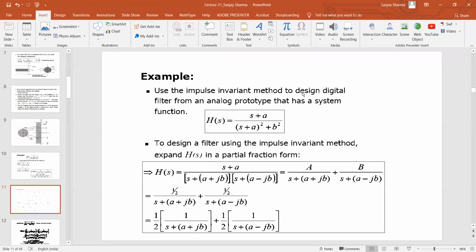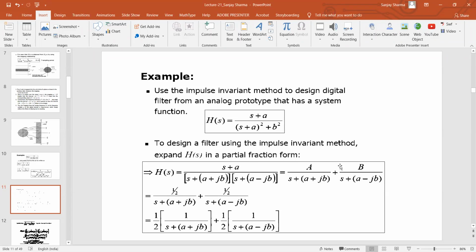Use the impulse invariant method to design a digital filter from an analog prototype that has this system function. To design a filter using the impulse invariant method, expand H(s) in partial fraction form. So we will have to put it in a form from where we can transform it into the digital domain.